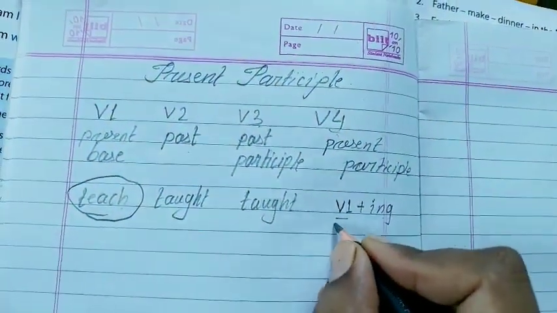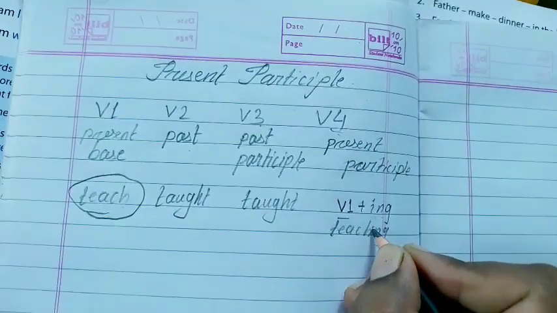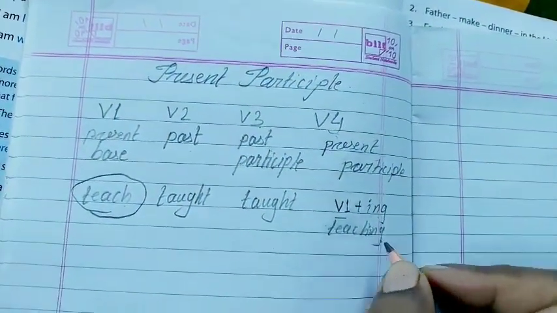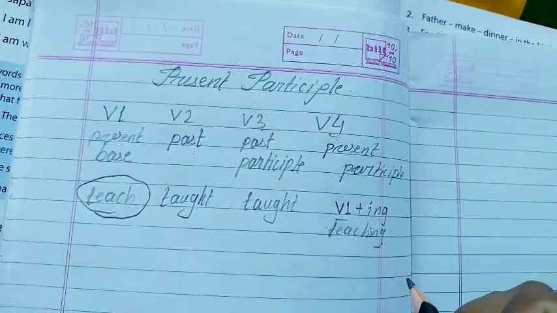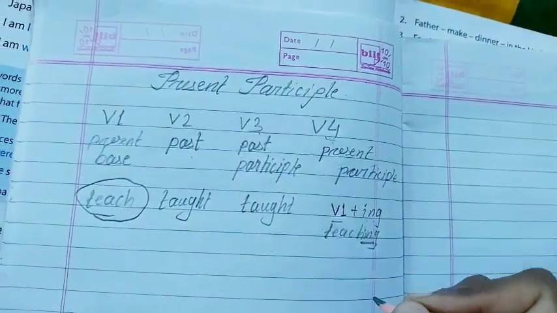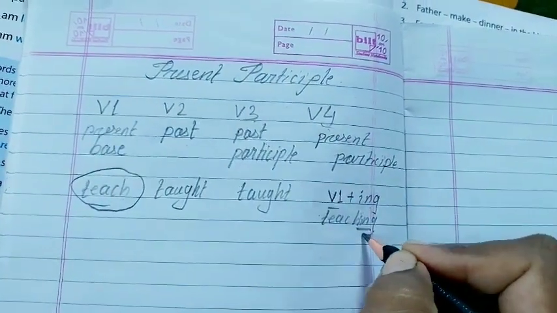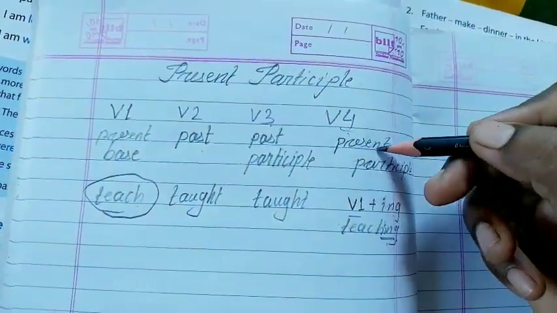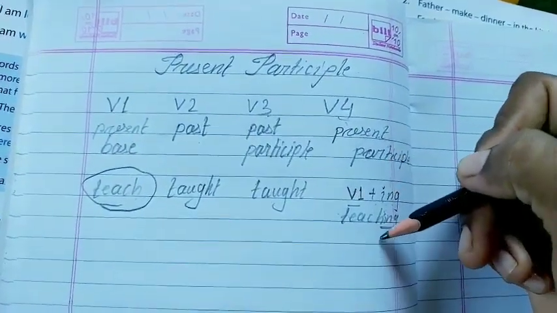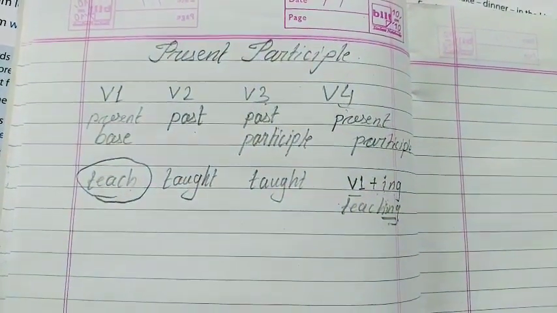Here I am writing teaching. It is also known as the ing form of verb. There we use ing at the last. So the ing form of verb is known as present participle, and we use present participle to show continuous form.